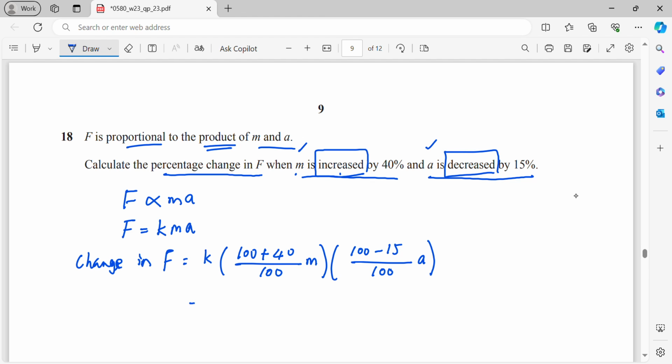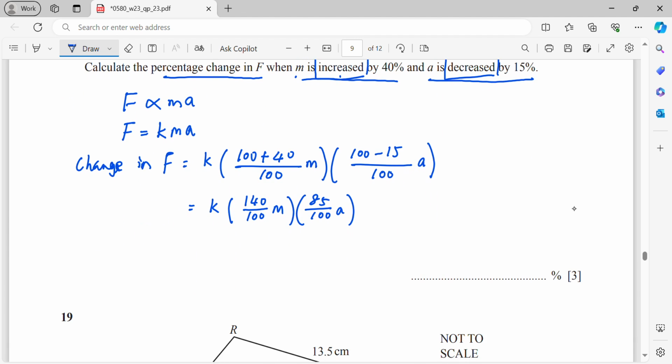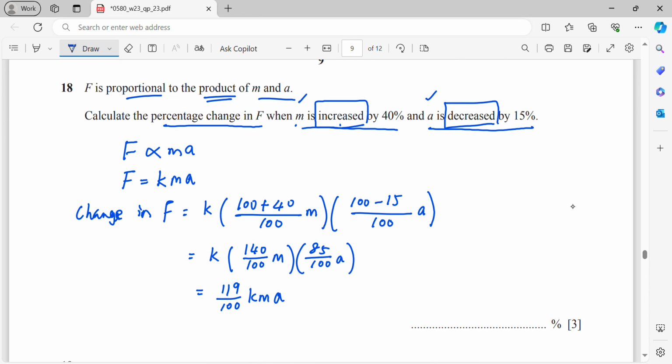From here you will get k times 140 over 100 m together with 100 minus 15, which is 85 over 100 a. When you calculate this, you are getting 119 over 100 kma. So that is your change in f. But then the question is asking for the percentage change in f.